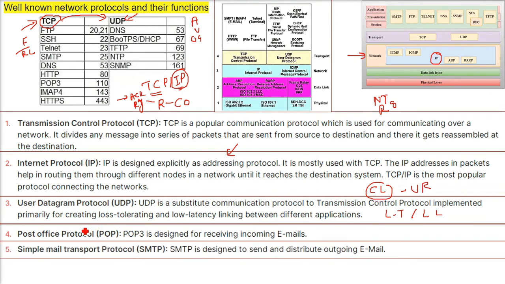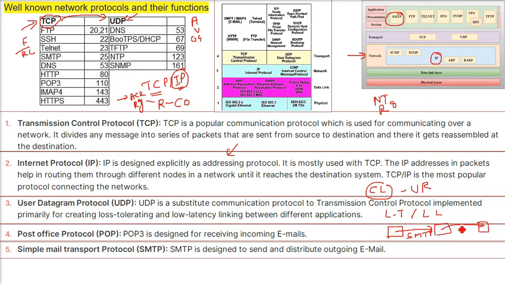Now, Post Office Protocol needs to be known along with SMTP, Simple Mail Transfer Protocol, because they are actually linked. See, SMTP is working on the application layer. SMTP is designed to send and distribute outgoing mail from your system. When you send a mail, it will go to some mail server, so SMTP has the responsibility for that.